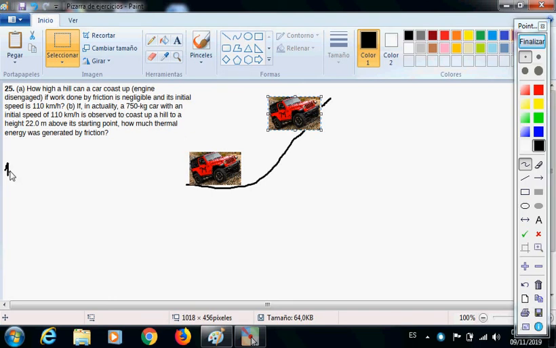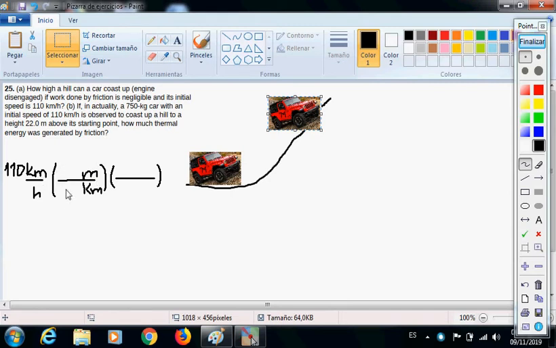So let's do it. 110 kilometers per hour must be multiplied by two fractions. In the first fraction we're going to place the kilometer in the denominator and the meters in the numerator.